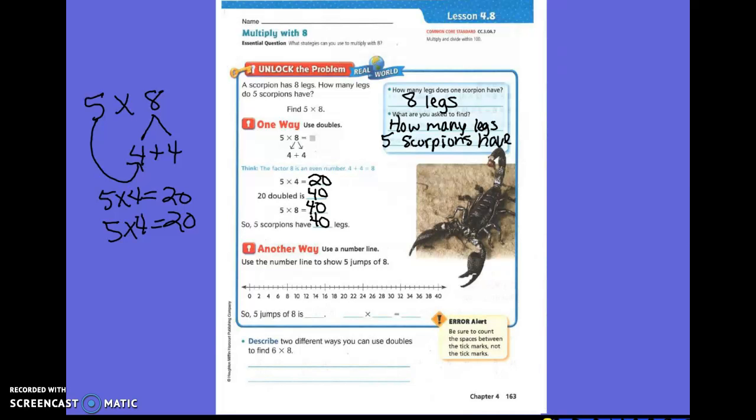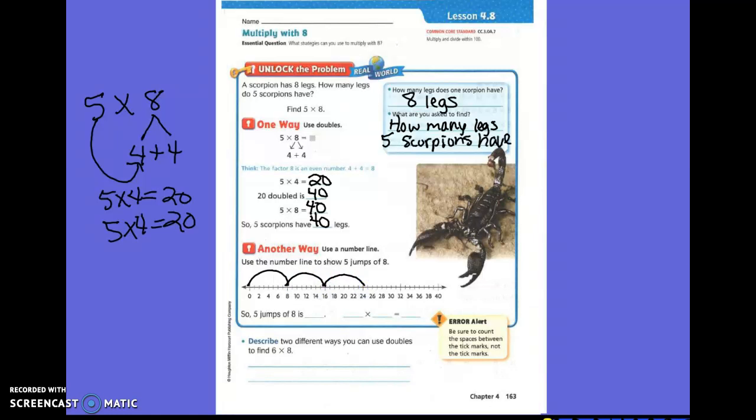Now another way to find the same answer is to do a number line. Use the number line to show 5 jumps of 8. So let's just do one jump of 8 first. What's 8 more than that? 16. So jump to 16. 8 more than that? 24.